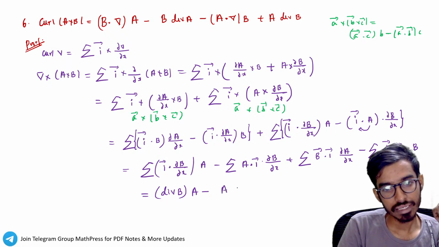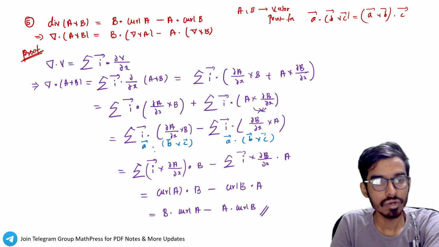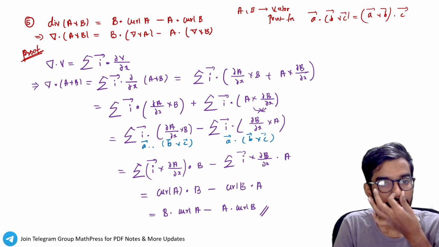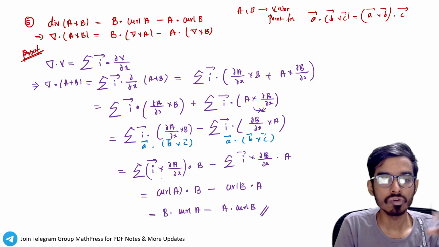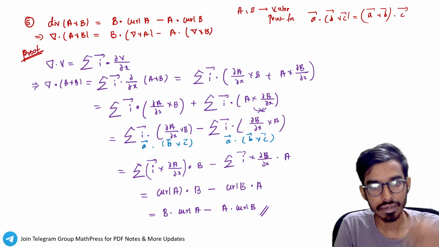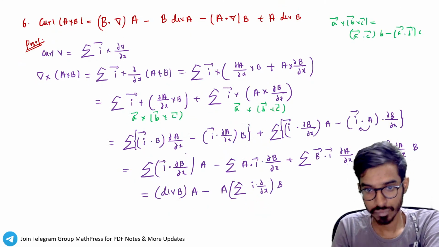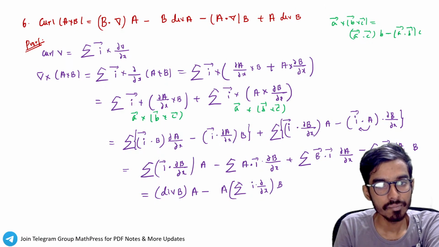You always take that A outside, i into dou by dou x of B. So here also I would not run the summation for B. Don't break summation for a vector, because it is already a vector. So here you don't need to run summation for A and B.